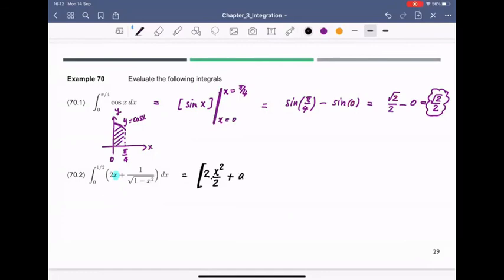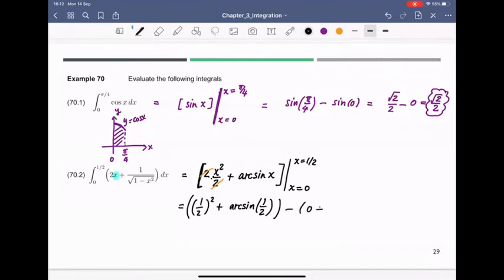Whoa, that thing is arc sine. And then I evaluate x equal to 1/2 minus x equal to 0. Here, I cancel 2 first. So I plug in 1/2 squared, plus arc sine 1/2, and then minus. I like 0 so much because when you plug in 0, everything is going to be easy.